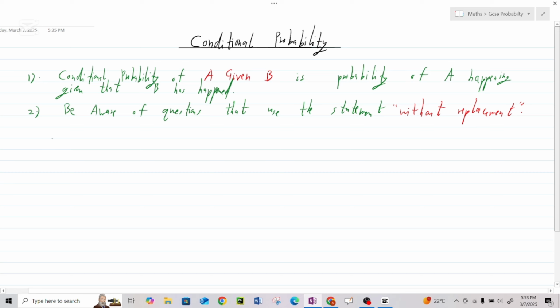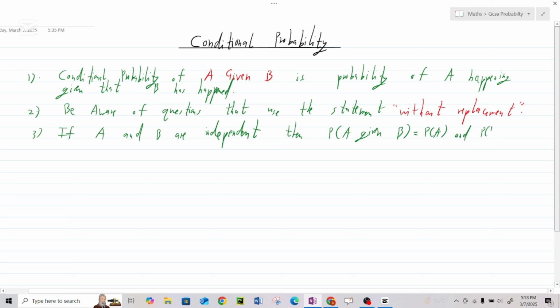And the third thing you want to know is that if A and B are independent, so this is linked to the previous video. If A and B are independent, then probability of A given B, meaning the conditional probability, is equal to probability of A and probability of B given A. So this is all related.